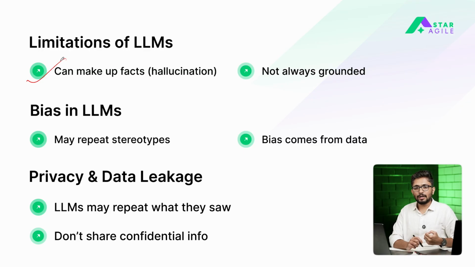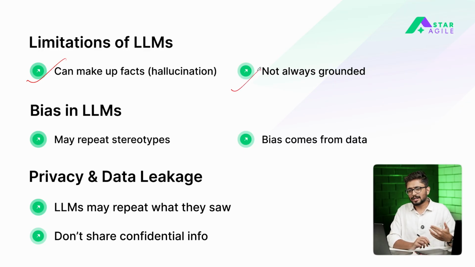It means that even without having any knowledge about something, because the language model has been trained to predict sequences, if it finds something it hasn't seen in the past, it will still try to generate responses based on what it knows in its knowledge base. So that actually might not even be correct. That is the first biggest drawback of a language model: it can easily hallucinate and make up facts. The second drawback is that language models are not always grounded.